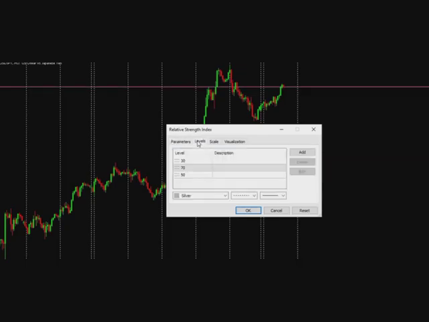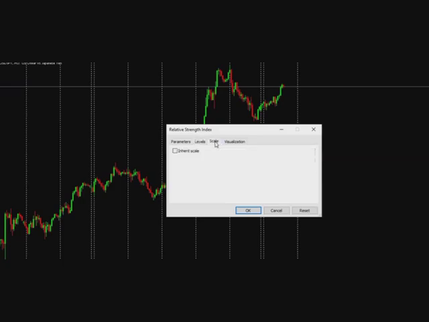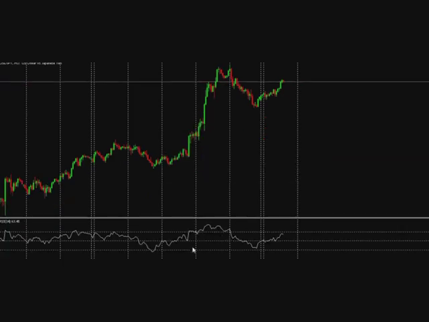As for the levels, ensure you have levels 30, 50 and 70. There you have the RSI on your screen.